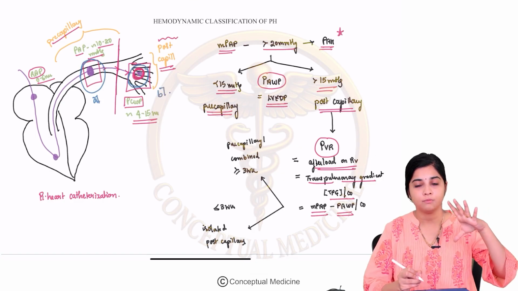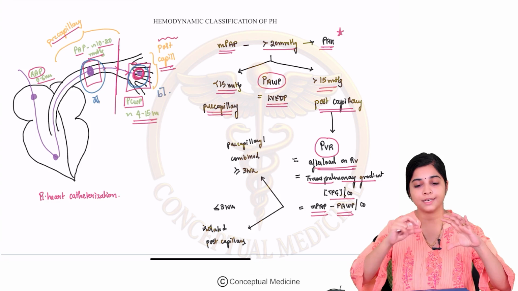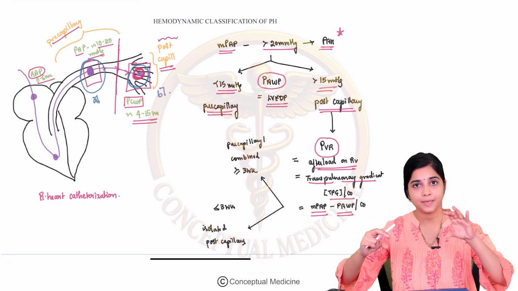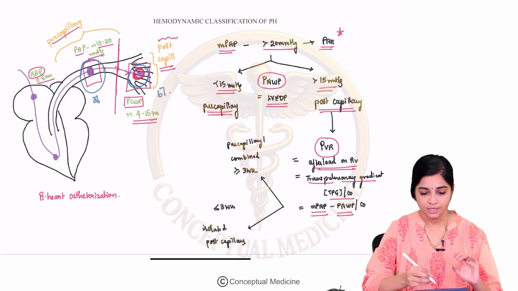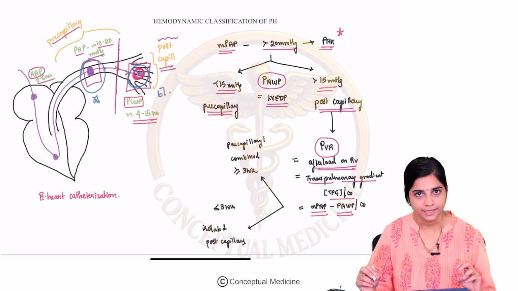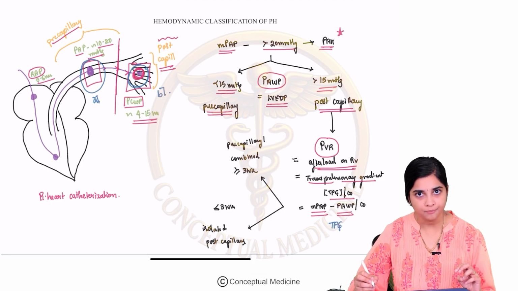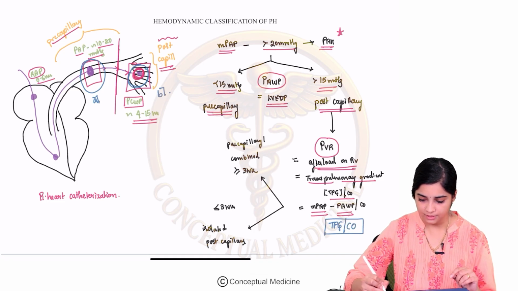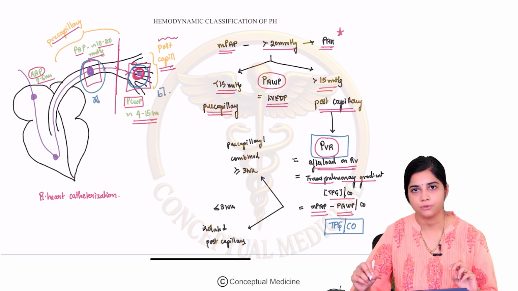Here versus this wedge pressure, because it is encountering a resistance, correct? Because the diameter of the vessels is narrowing, it is becoming capillaries. So the pulmonary arterial pressure minus the pulmonary capillary wedge pressure is your transpulmonary gradient. Transpulmonary gradient by cardiac output is going to give us the resistance to the flow of blood.